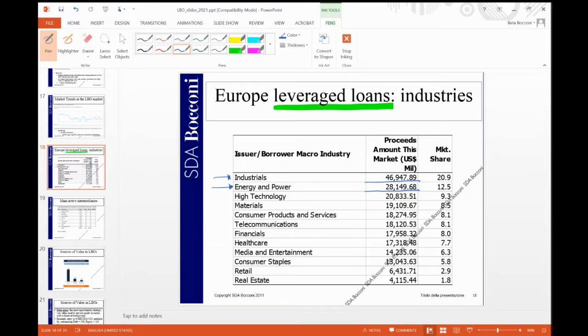We are not talking about companies that are incredibly fast growing. We are talking about industrials, for example, utilities. If we exclude sometimes high tech, which can be influenced by some mega deals. But again, we have materials, we have consumer products.